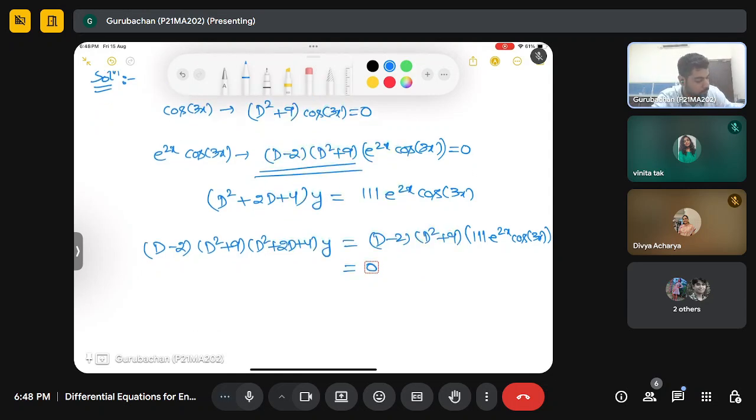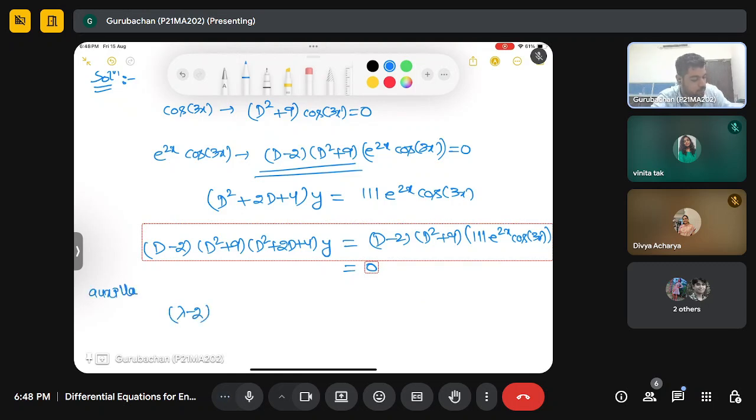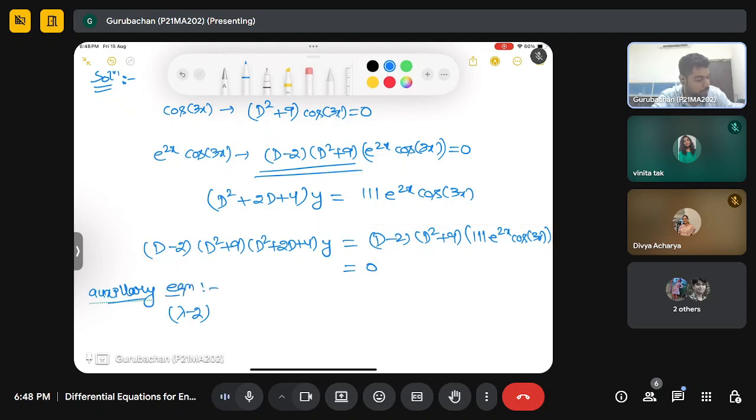If you find its auxiliary equation, it will be (lambda minus 2)(lambda square plus 9). This will correspond to the particular part, and lambda square plus 2 lambda plus 4 will correspond to the homogeneous part.